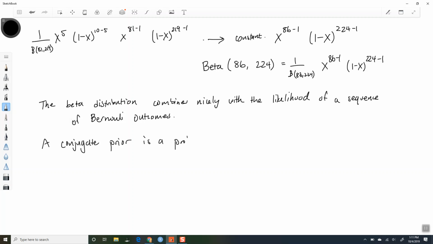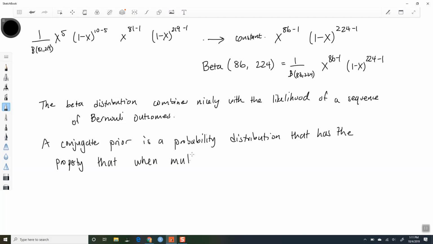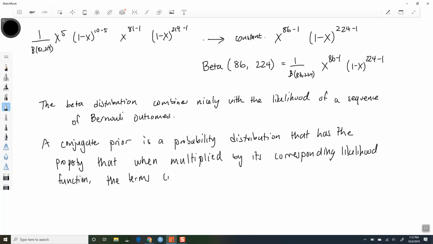Okay, so a conjugate prior is a probability distribution that has the property that when multiplied by its corresponding likelihood, the terms combine nicely.